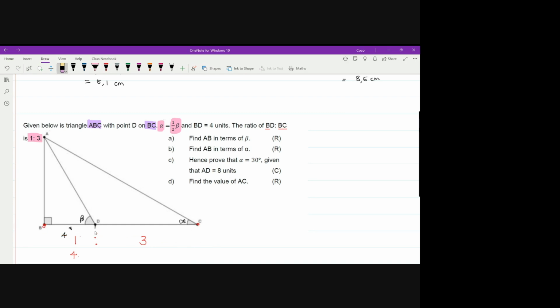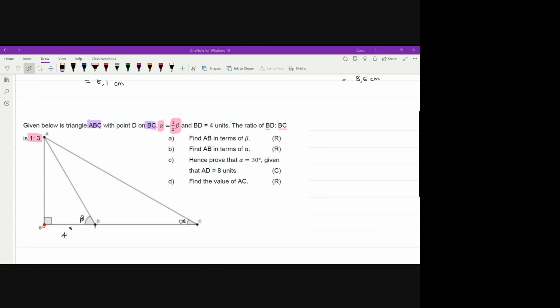But what does that then tell us about DC? How many units is DC then? That's it. Tristan's got it. Good. That's it, Ziketelo. Lovely. Do you see how they're trying to trick you guys?